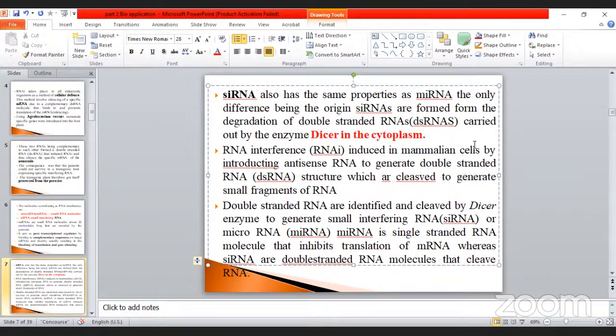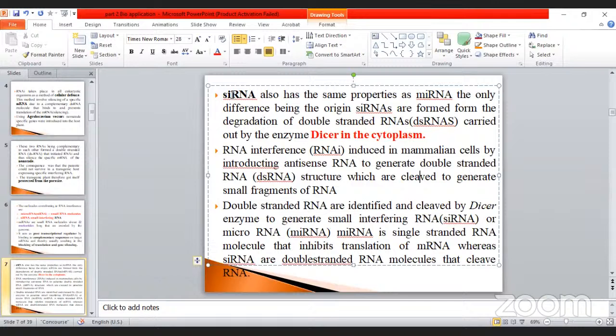RNA interference is induced in mammalian cells by introducing antisense RNA to generate a double-stranded RNA structure, which is cleaved to generate small fragments of RNA.